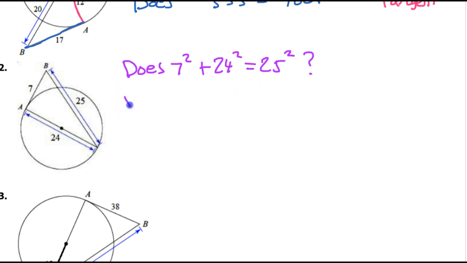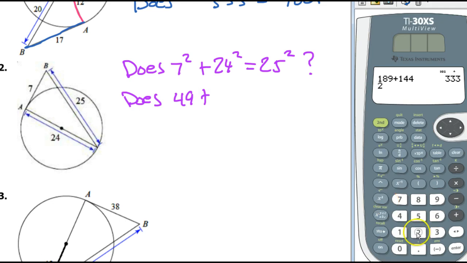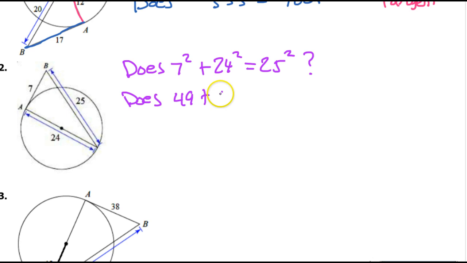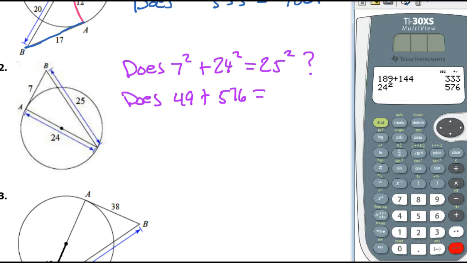Okay, so in other words, does 49 plus 24 squared, you say, plus 576 equal, I forget what this is, 625.